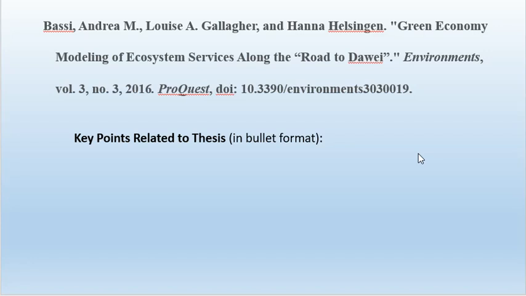For example, in this source, we found a section where the text told us that based on the study, they found that farmers who used green methods actually increased their profitability. So instead of having some long quote, I would simply write green farming equals higher profits. That's all I need.